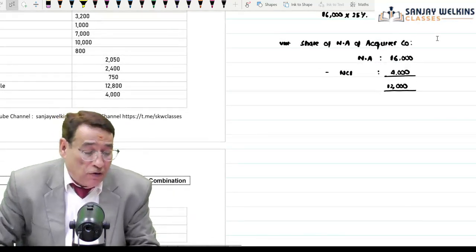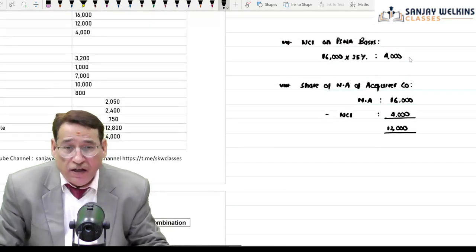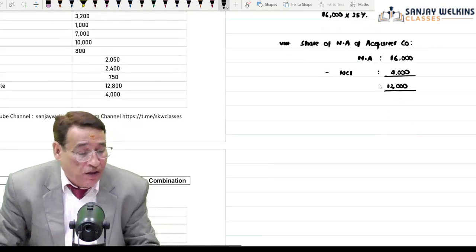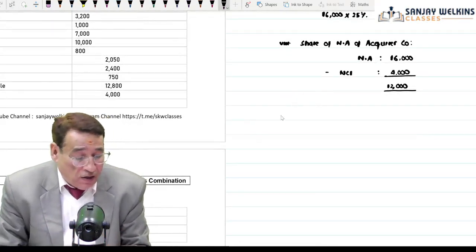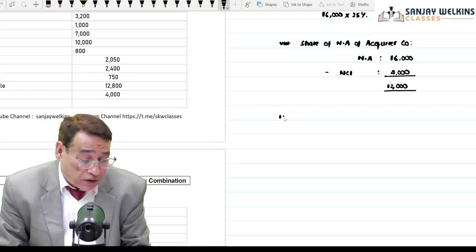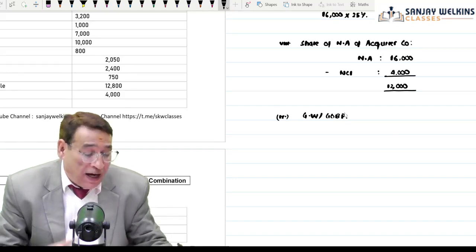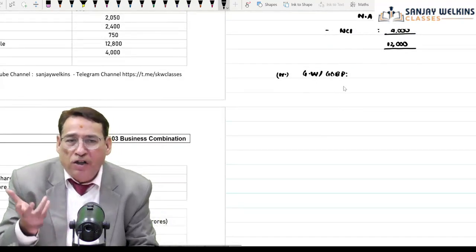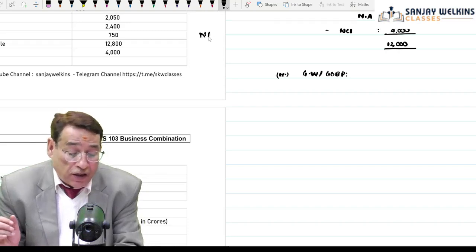So we have found out the net assets, and now we have already taken the share of NCI, and with the help of NCI share, we are able to find out the share of net assets of acquirer entity. So now we are also in a position to find out the amount of goodwill, correct? In order to find out goodwill or gain on bargain purchase, we take into account the net assets.